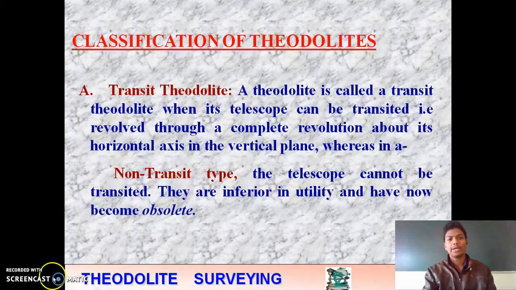The theodolite is called a transit theodolite when its telescope can be transited, that is, it revolves for a complete revolution about its horizontal axis in the vertical plane, whereas in a non-transit theodolite the telescope cannot be transited. They are inferior in utility and have now become obsolete.